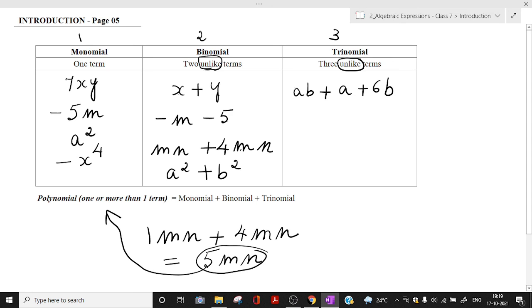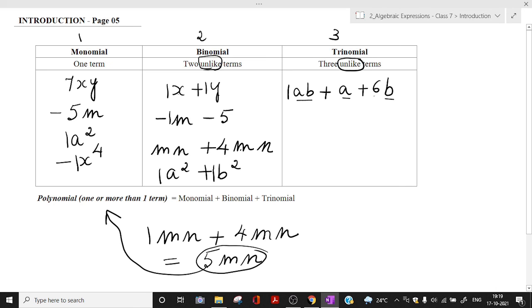Remember here, if there is no number, that means it is 1. Remember that in math, sorry, in algebra. You have 1x, you have 1y, this is 1m, this is 1a square, this is 1x to the power 4, this is 1a square, this is 1b square. So if there is no number, that means it is 1, right? So here you have ab, here you have a, here it is b.